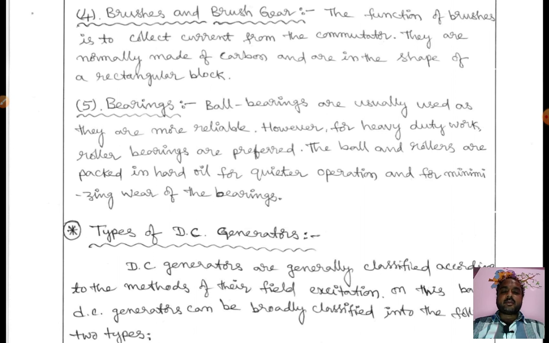Ball bearings and roller bearings are packed in hard oil for quieter operation and for minimizing wear of the bearings. Bearings are also used to reduce friction, windage loss and noise. For heavy machines we use roller bearings, and for small rating machines we use ball bearings.